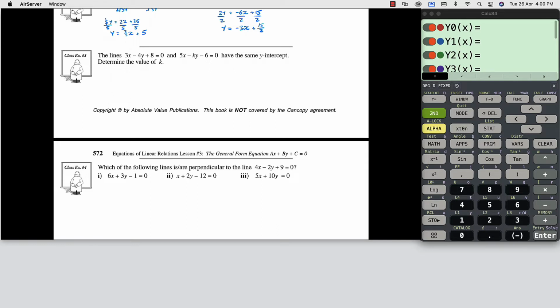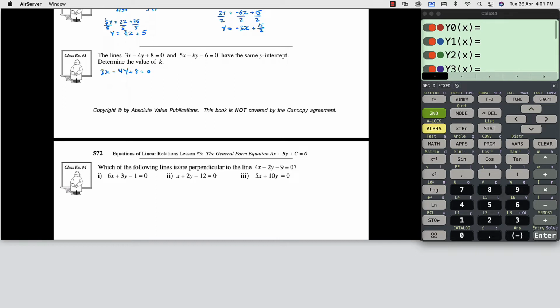Okay, because it's in general form, I need to convert that over to the slope-intercept form. So let's deal with this first one first, which is 3x minus 4y plus 8 equals 0.